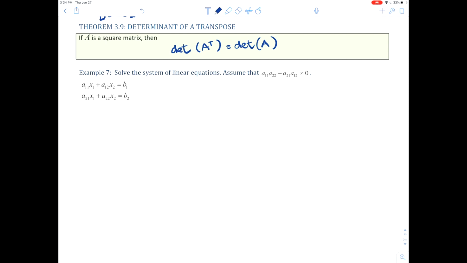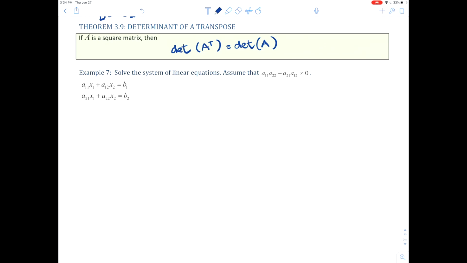Example 7. Solve the system of linear equations. And we're assuming that the determinant of the coefficient matrix is non-zero. That's what this is saying. All right, well, let's check it out. If we want to solve this system, what do you think we need to do?